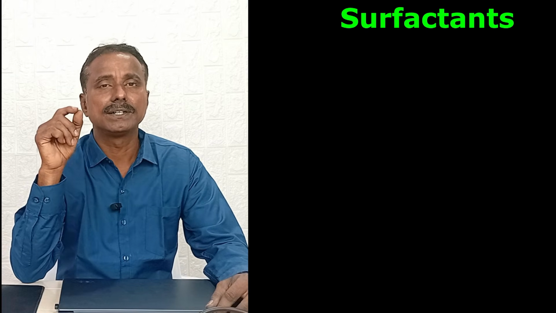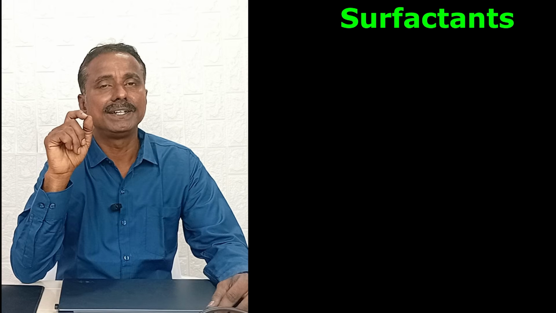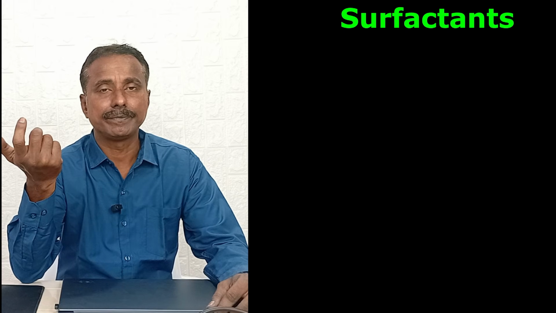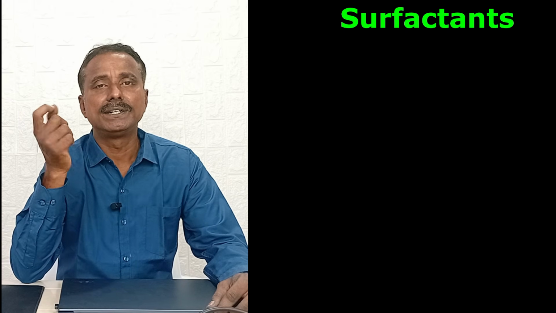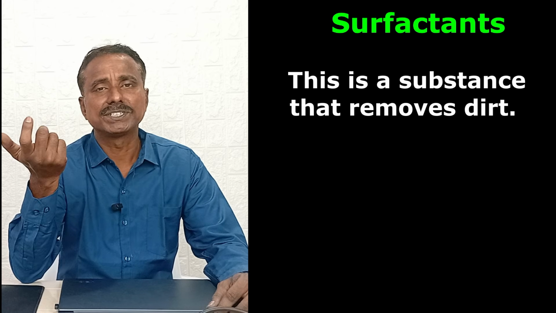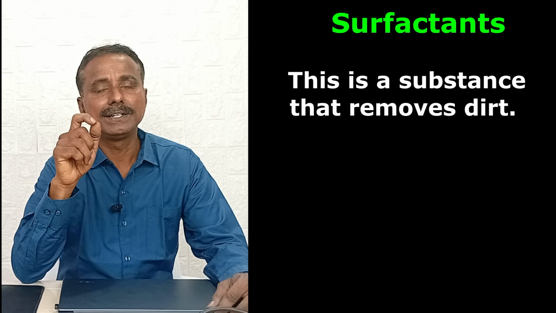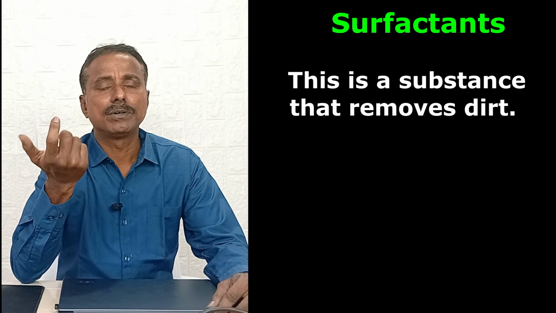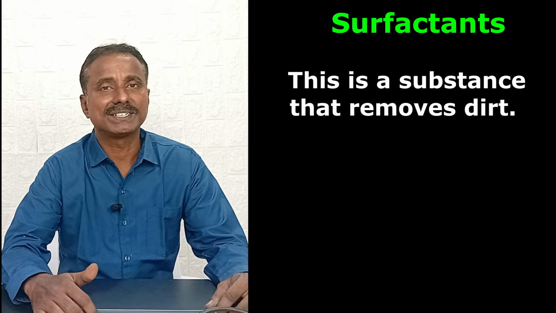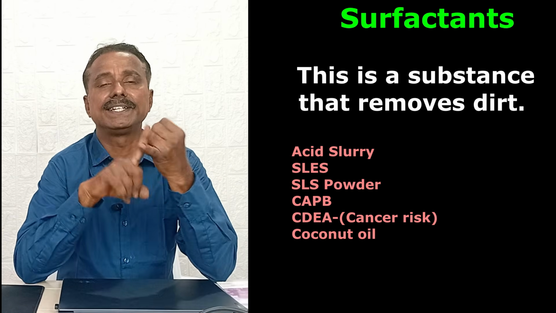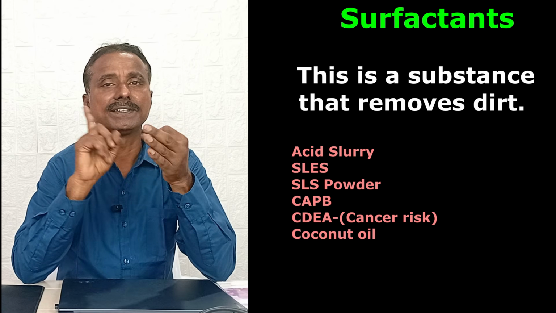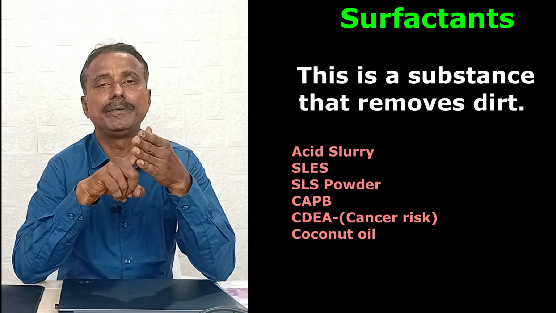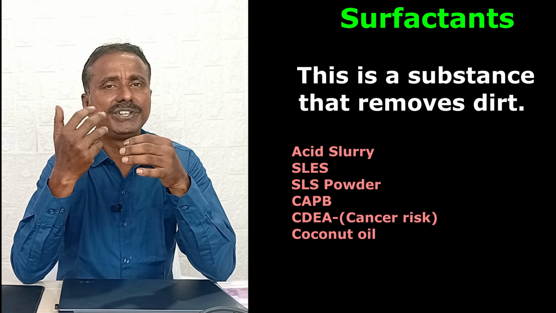Surfactants are the cleaning material, the primary material in the dishwash bar formulation. Not only in dishwash bars, in all cleaning products, surfactants are the key material. In case of dishwash bars, these are the common surfactants: acid slurry, SLES, SLS powder, CAPB, and of course CDEA.